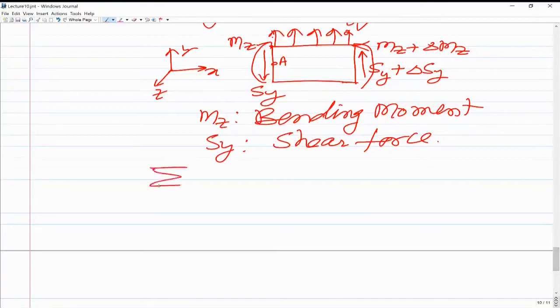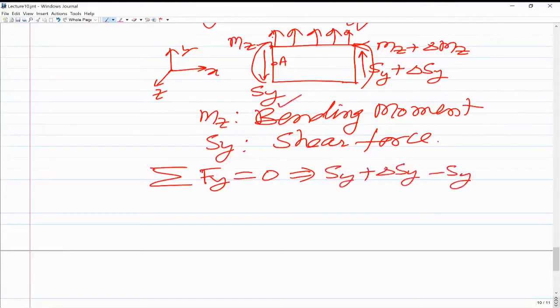So the main equation we get, one is from sigma Fy equal to 0, sum of all the forces along y direction equal to 0. So basically this will give you Sy plus delta Sy is the force along plus y direction. This is the force along negative y direction, so minus Sy. And then we have this q, which is force per unit length.